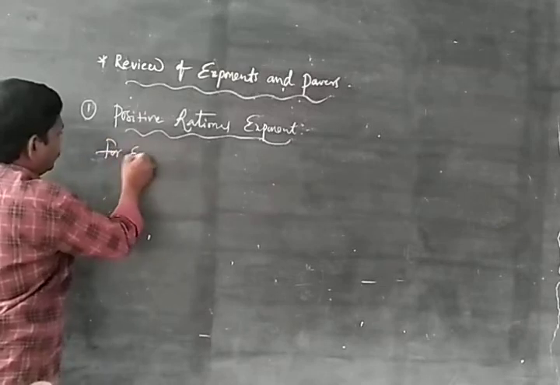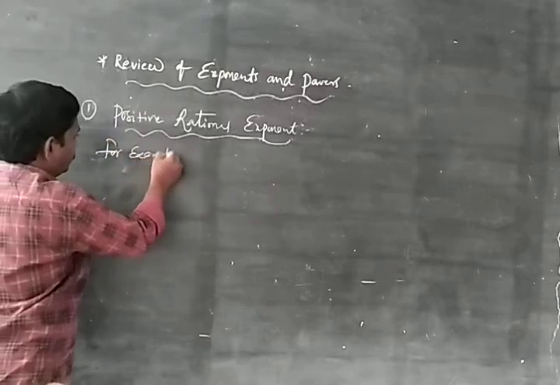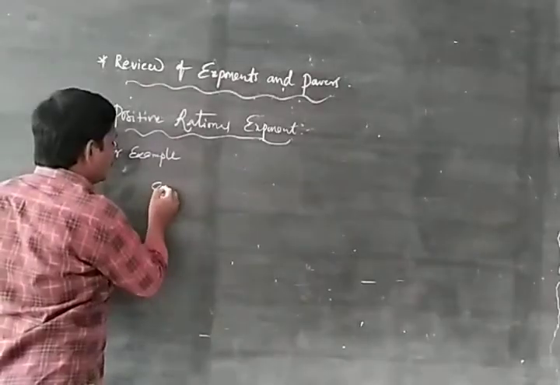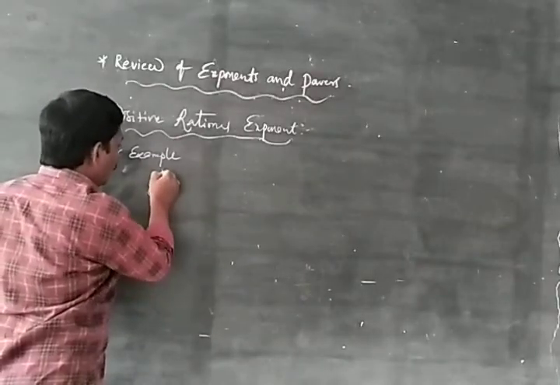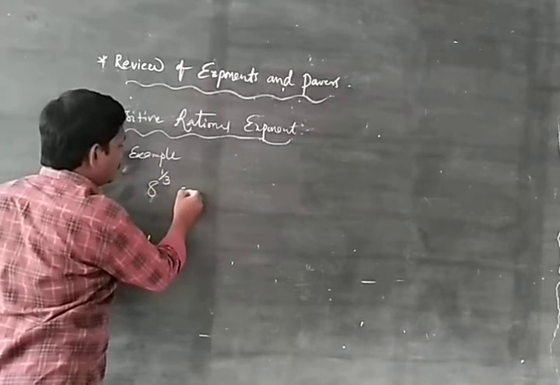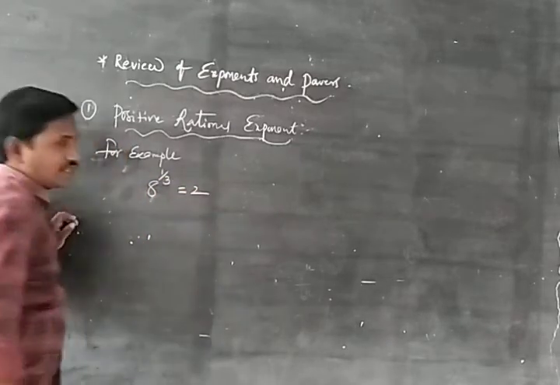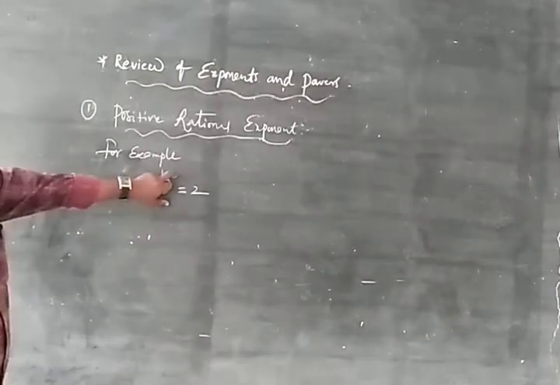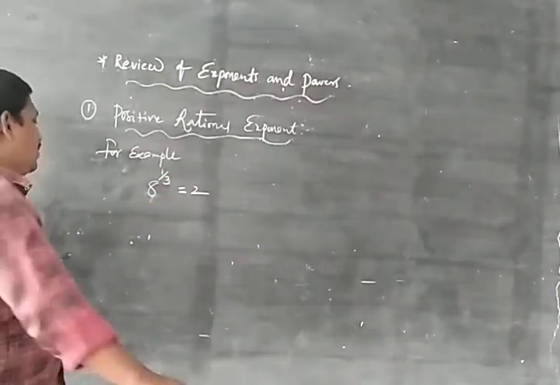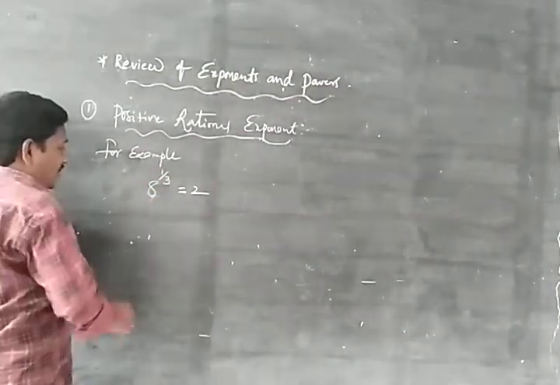For example, 8 power 1 by 3 equal to 2. Why is it? 8 power 1 by 3 equal to 2. Okay, 8 power 1 by 3.